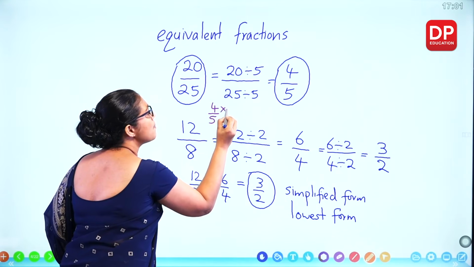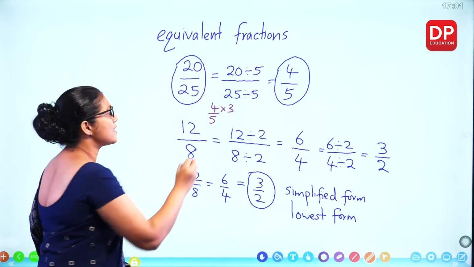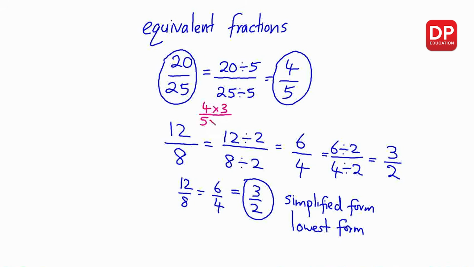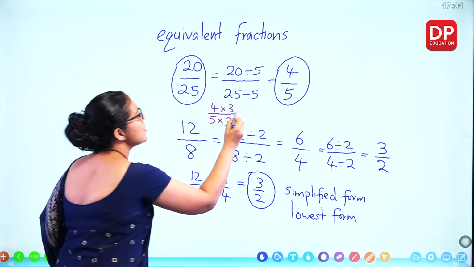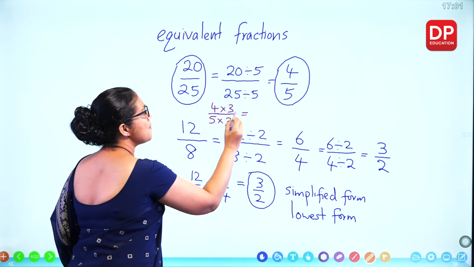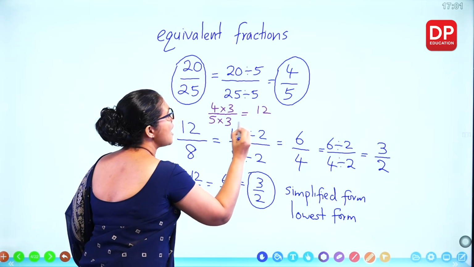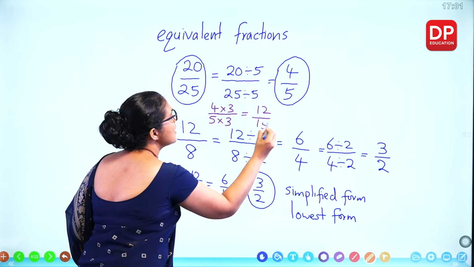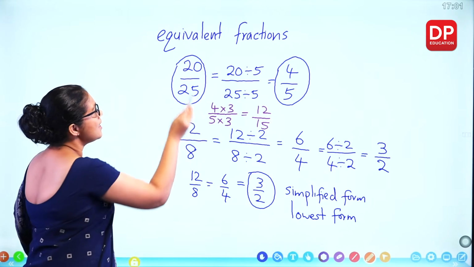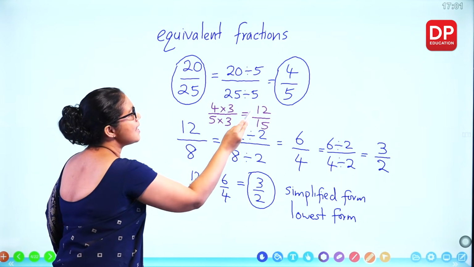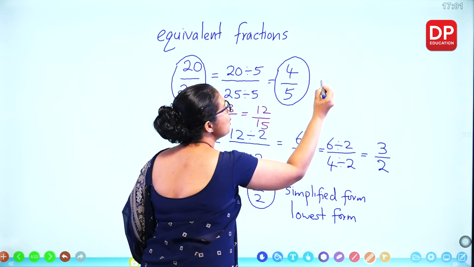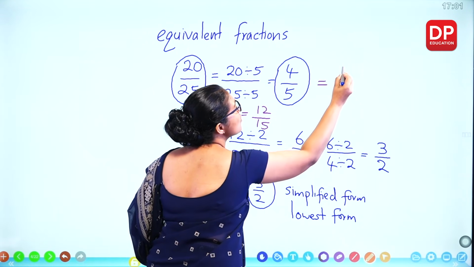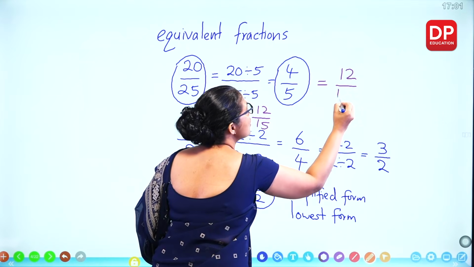I'm going to multiply the numerator by 3. So again, I can multiply the denominator also by 3. What do I get? 4 times 3 is 12, and 5 times 3 is 15. So I can write this is the same as 12 over 15. So that's also an equivalent fraction.